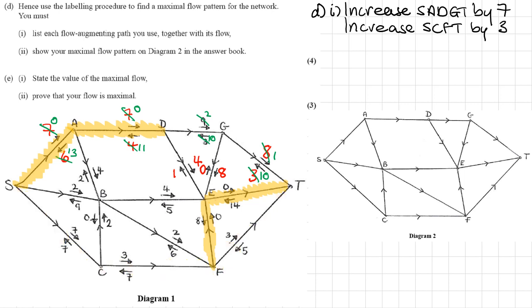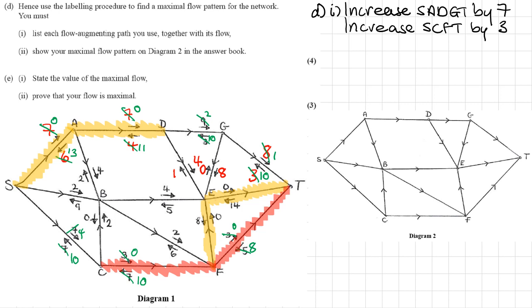Okay, so let's update the labeling when we do that, and so that will be 4, 10, 0, 10, 0, 8. Right, so now I've saturated 2 more arcs, which are CF and FT.